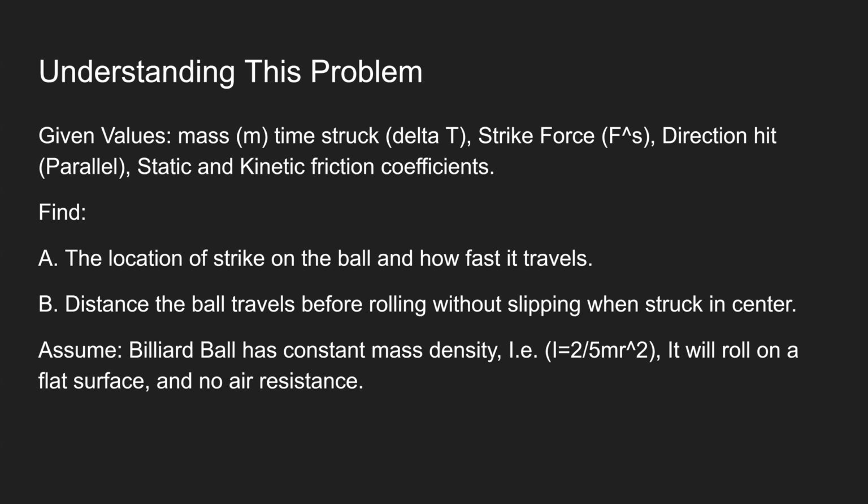Our general questions ask us to find the location of the strike on the ball and how fast it travels, and the distance the ball travels before rolling without slipping when struck in the center. Our assumptions are that the billiard ball has a constant mass density, i.e., our moment of inertia would be 2/5 mr squared, that it will roll on a flat surface, and that air resistance is neglected in this case.